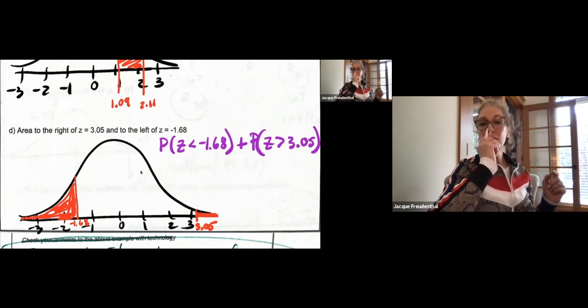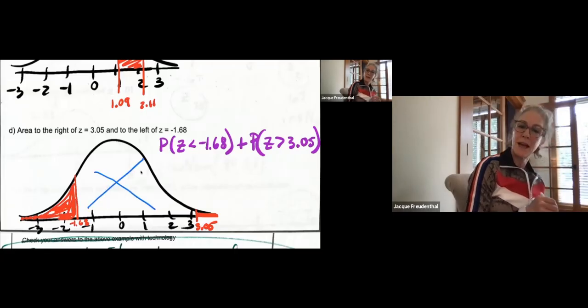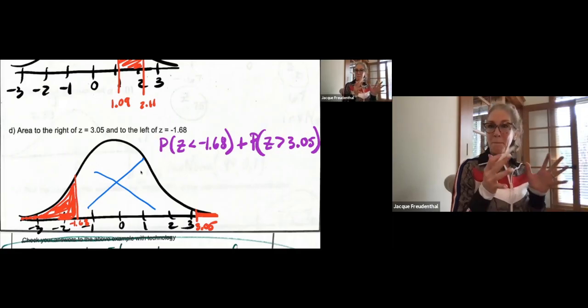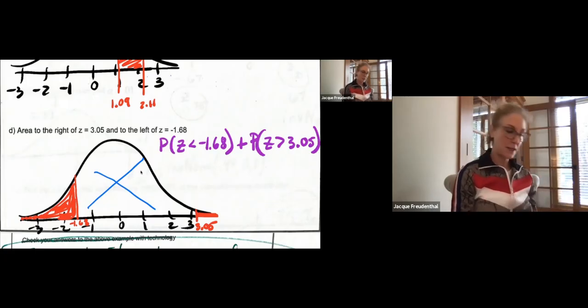But do you also see that if we found the area inside here, where I did the big X, if I found that middle area and subtracted that middle area from 1, I would get those end pieces.